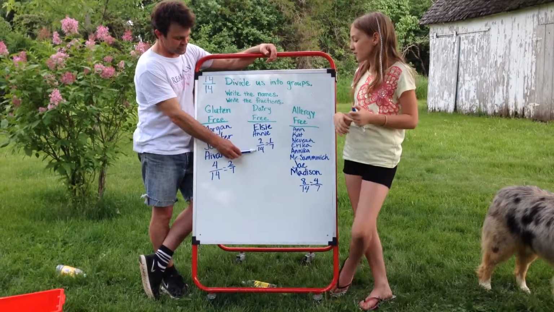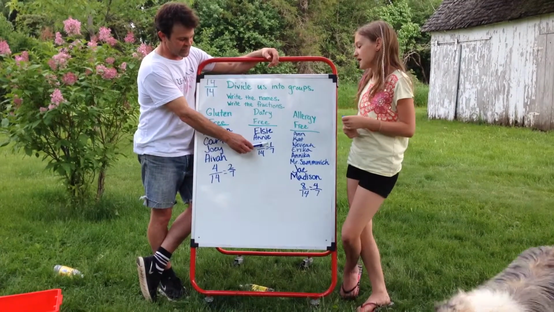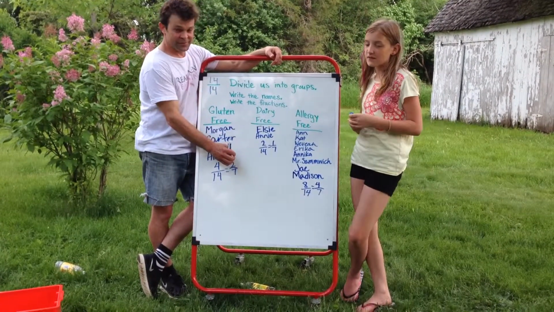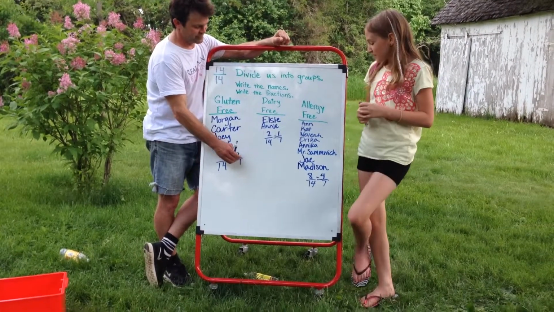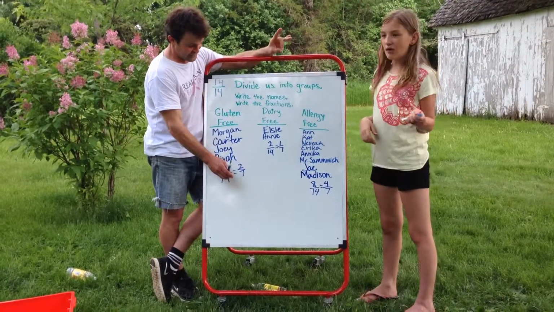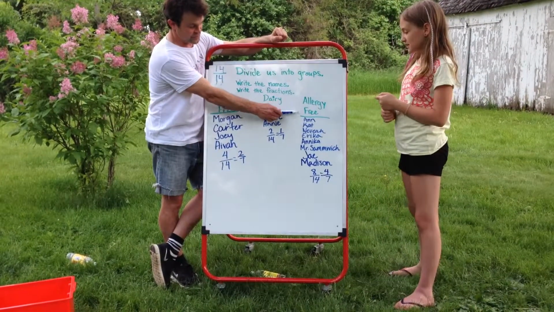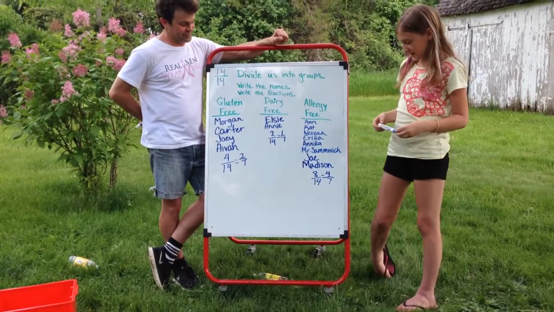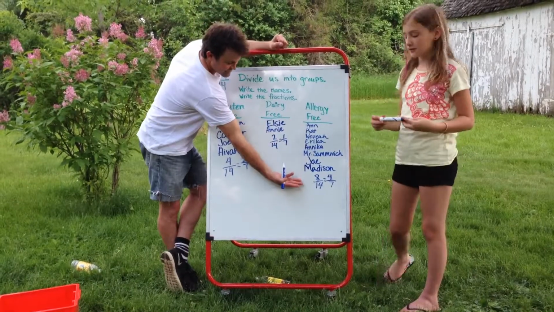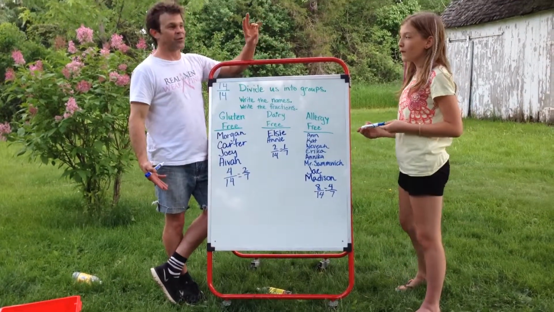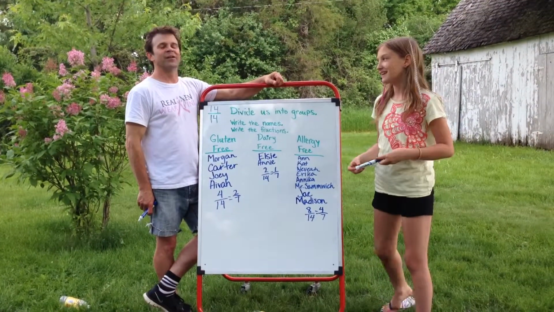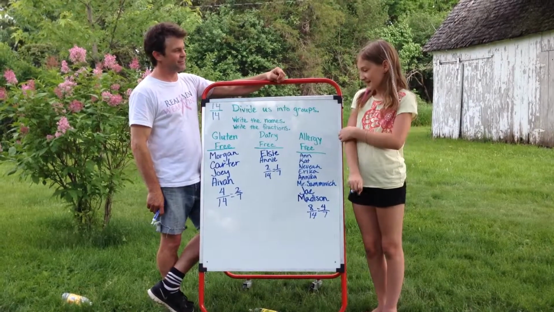And that's 2 out of 14, which can be cut down into 1 out of 7, which is 1 seventh. And then there are 8 that don't have any food allergies, which is 8 out of 14, which can be cut down to 4 out of 7, which is 4 sevenths. 4 sevenths. Outstanding.